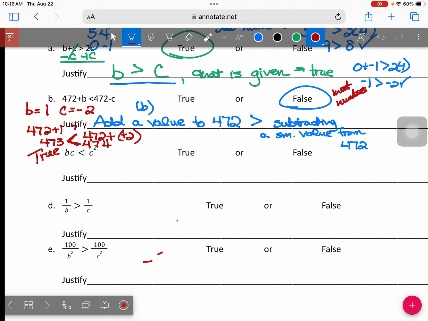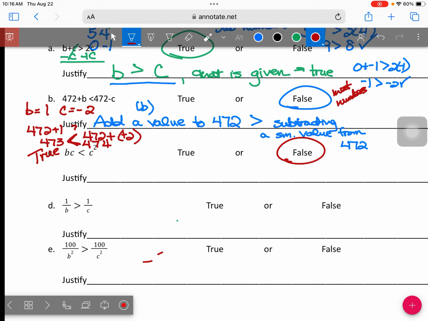All right, the next one, C, is BC less than C squared. True or false? False? Why? There's always that why. I answered the question. Why can't that be enough? C squared.